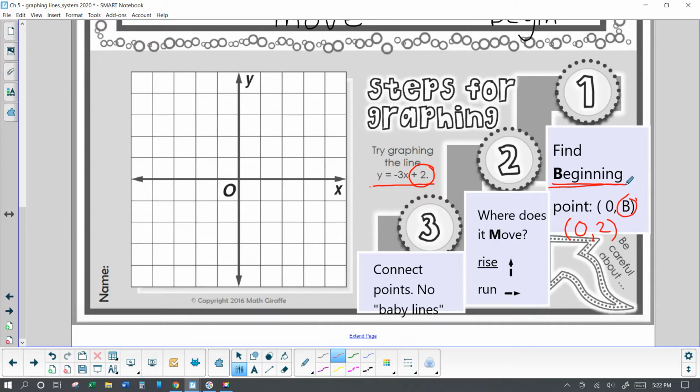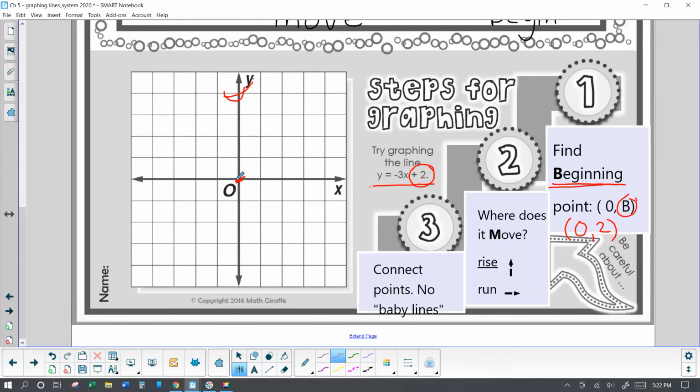That is our beginning. And so I'm going to go to where x is 0, which is always right here on my y-axis. And then I'm going to start by counting from the middle. Right there in the middle of my graph, that's where x is 0 and y is 0.